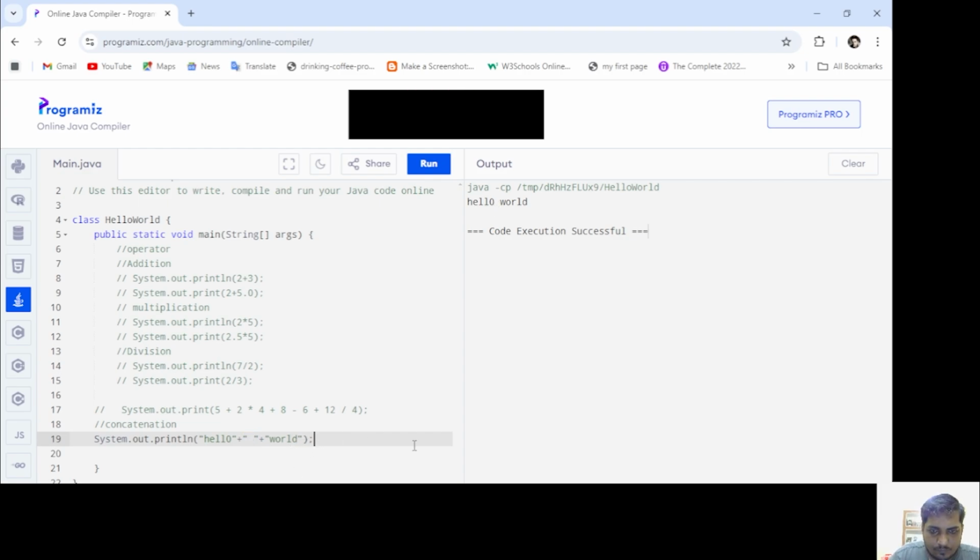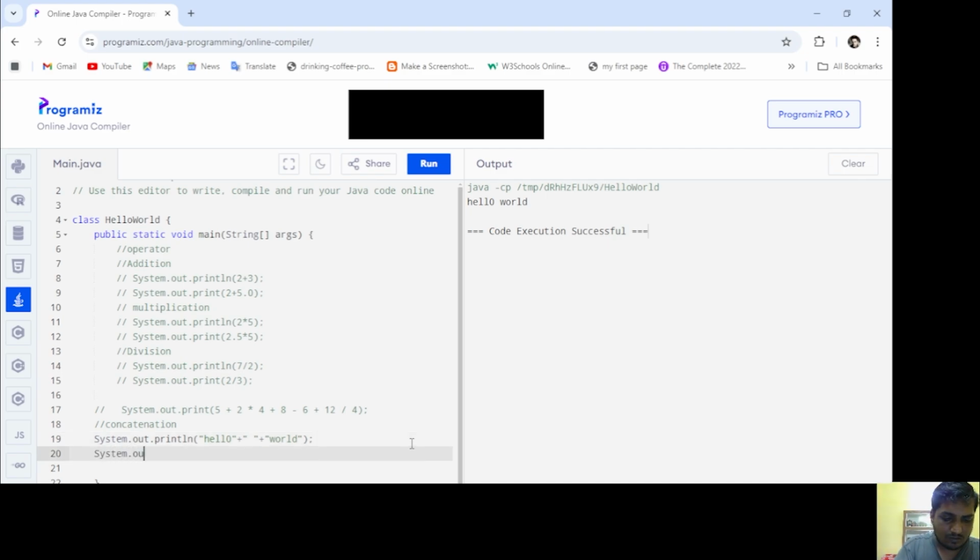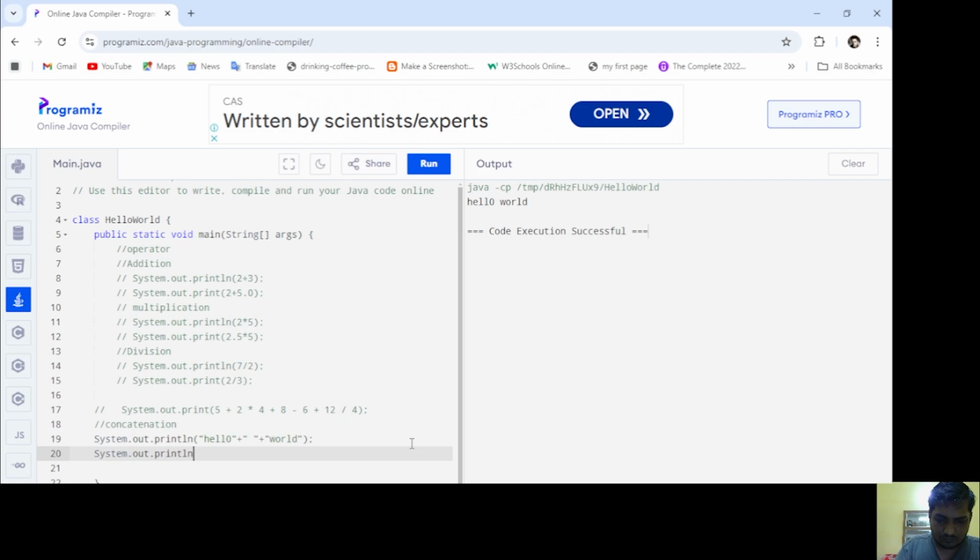Now the second case: if we add with hello, addition with concatenation sign, 5 plus 6 plus 7 plus 8. Why I am doing this, I will tell you. Okay, let's see the result.